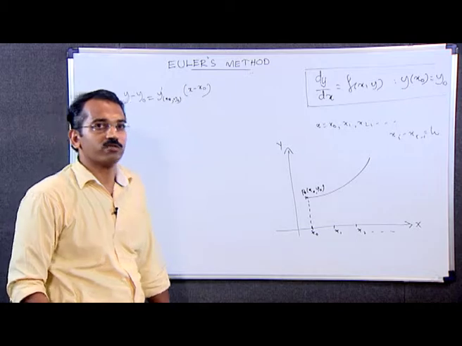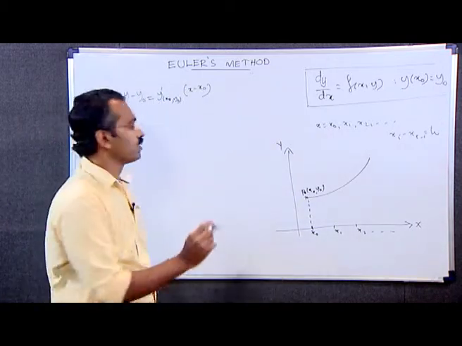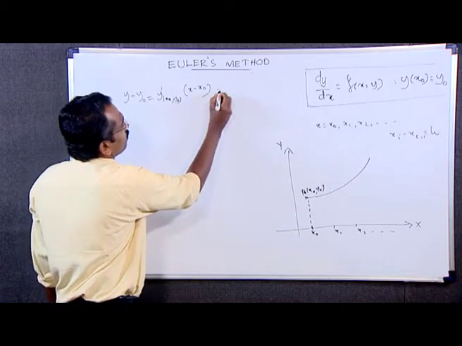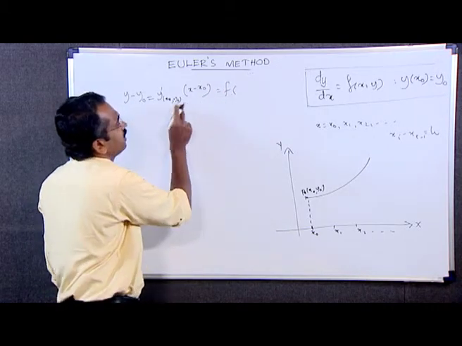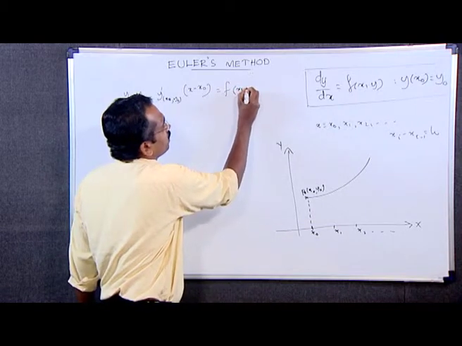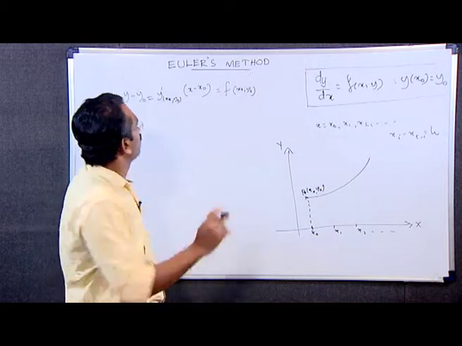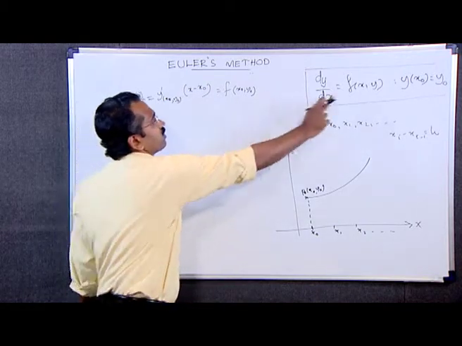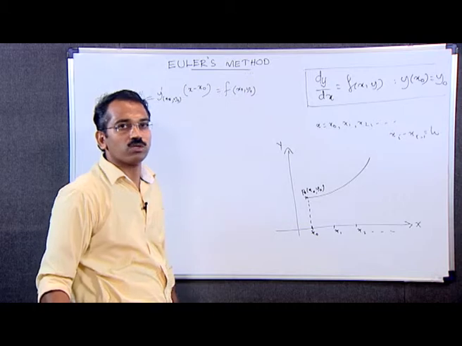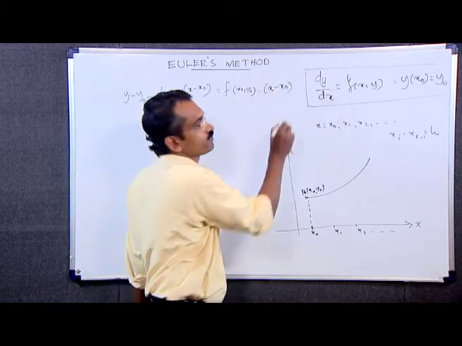This is the equation of the tangent at the point P naught. y dash at x naught, y naught means f of x naught, y naught, because dy by dx is the slope. Therefore, y dash at x naught, y naught means f of x naught, y naught into x minus x naught.